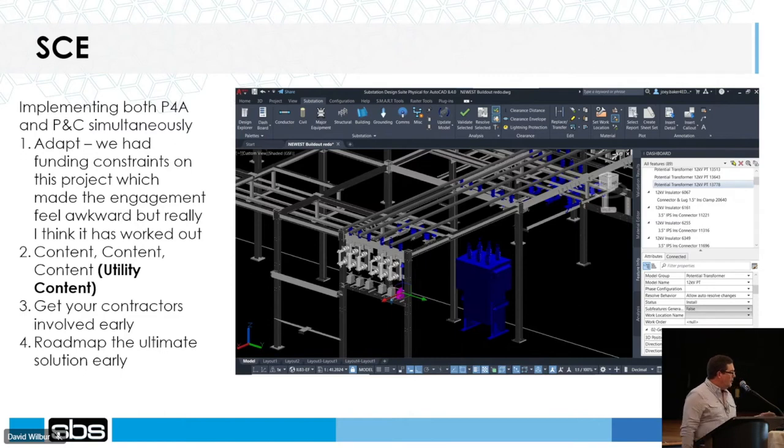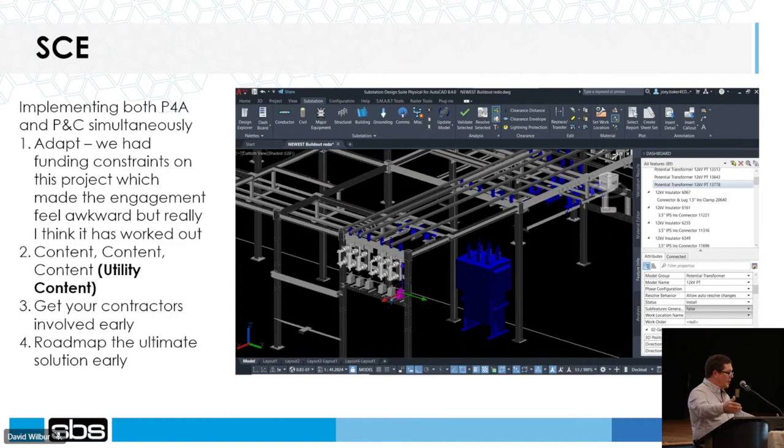Here's a little bit of a different tack. I wasn't real sure how this was going to work out, but I've been very pleased with the results that SCE's been able to gain. They brought in one of their preferred prime contractors, set them side by side with themselves as they went through P4A implementation. The contractor's been joined at the hip with us for the last several months, creating content.